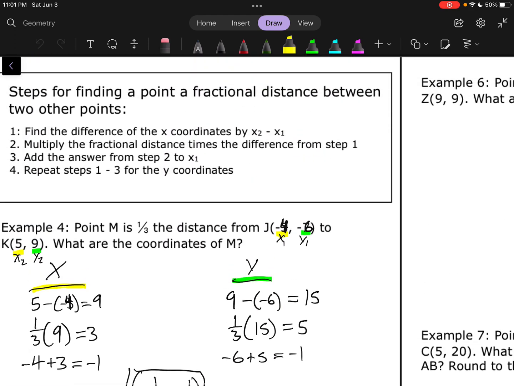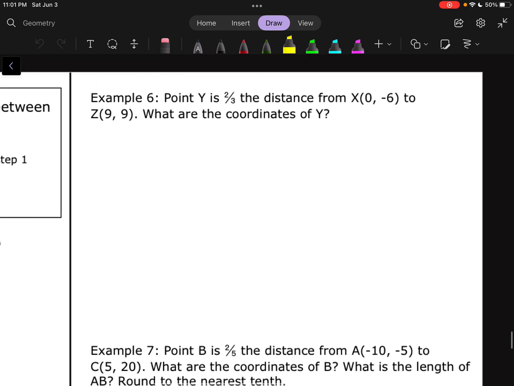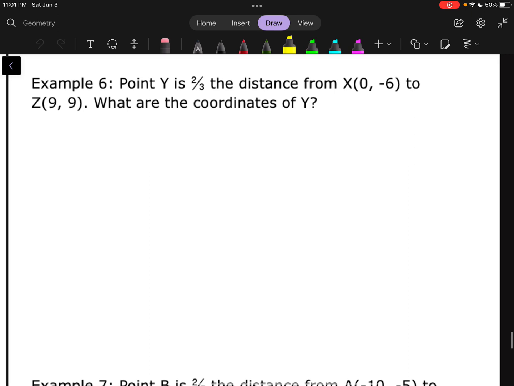We got one more over here. 2/3 of the distance. So let's set it up again. x1, y1, x2, y2. All right, so x is time.